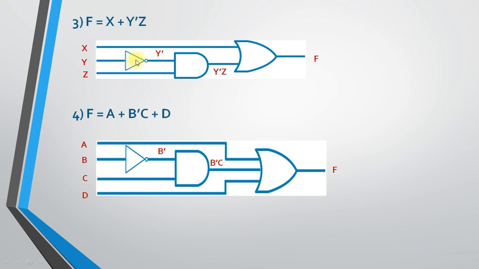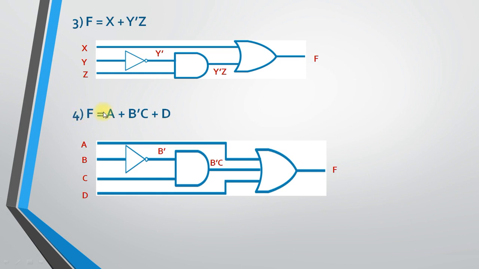After passing through the NOT gate you will get y dash over here, and the z value we can pass directly. So over here I will get the value of y dash z, and that value I need to pass inside the second input line of the OR gate, and the first value x I can pass directly. And finally I get the value of f.